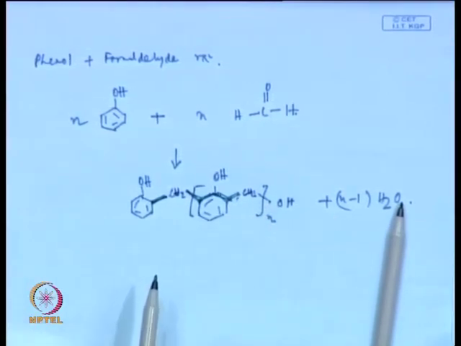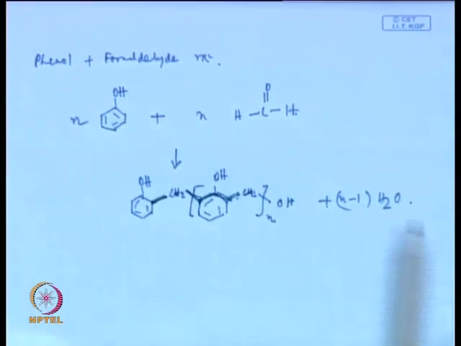There is no functional group in the backbone, it is all carbon. So, according to the definition just now, it should be an addition polymer, not a condensation polymer, but you can clearly see that, given a choice, you will probably classify this as more of a condensation polymer rather than an addition polymer.